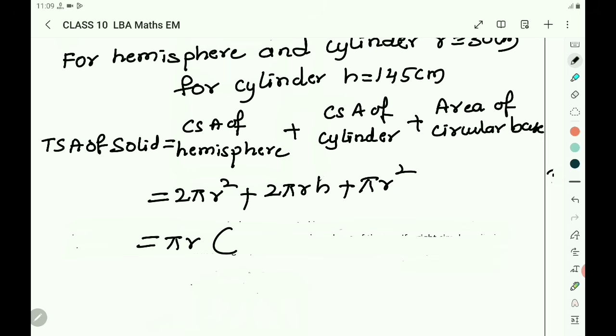Pi r, here what is remaining? 2r. R square is there, r is outside, so you can write r, that is 2r. Plus here pi r is outside, 2h. Plus here pi r is outside, out of r square what is remaining? R.